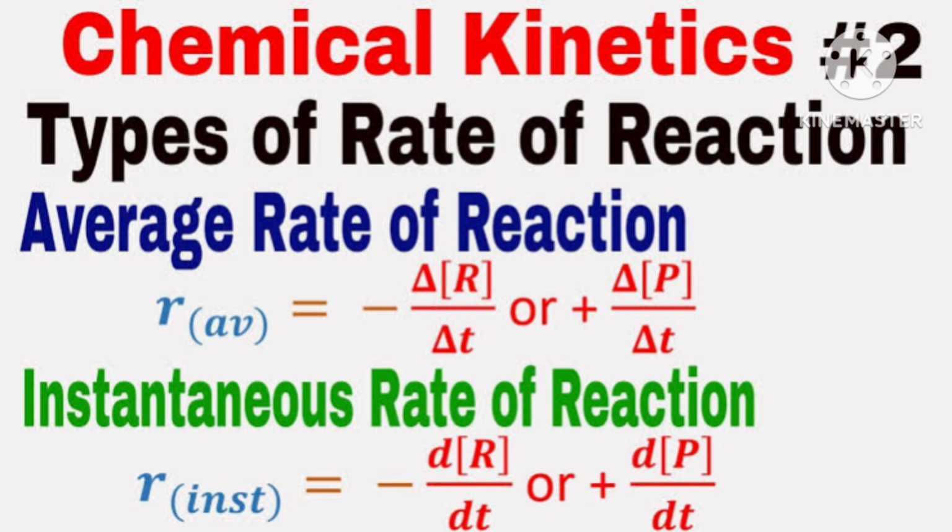And rate of reaction actually varies according to what type of reaction there is. Reaction may be zero order, first order, second order. Third order is also there, but rare.